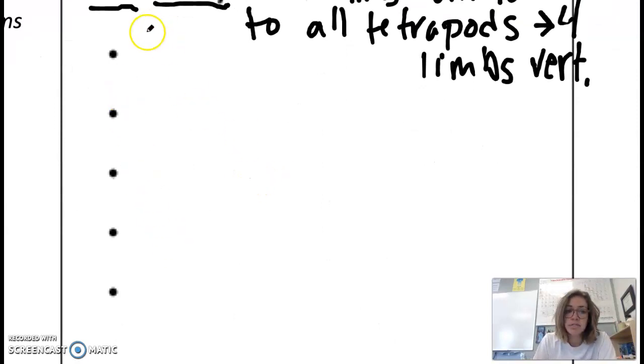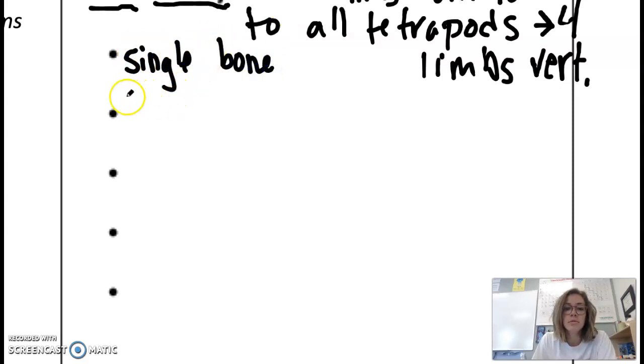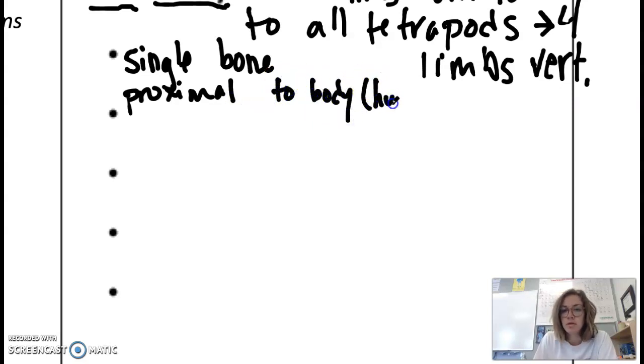a little, we're going to see a single bone that is proximal to the body. You don't need to know the names, but this is the humerus. Right?